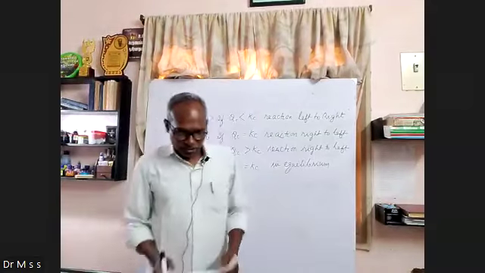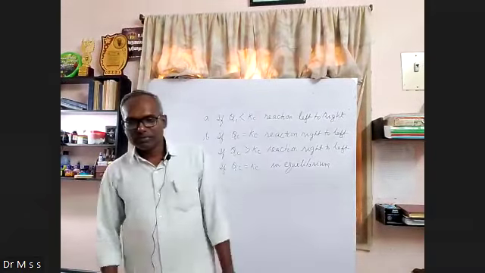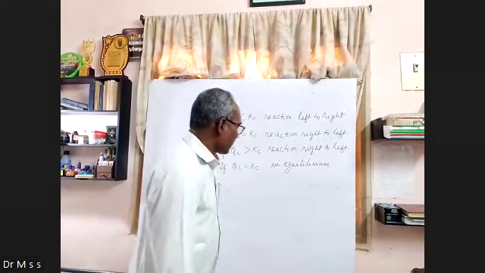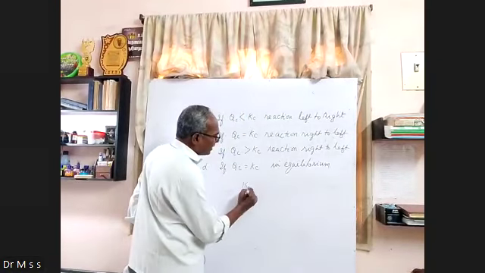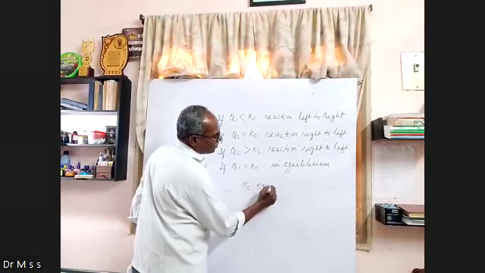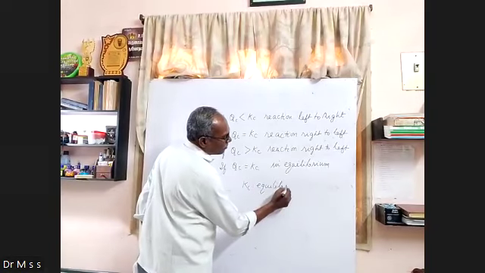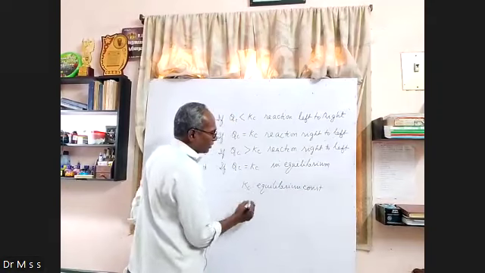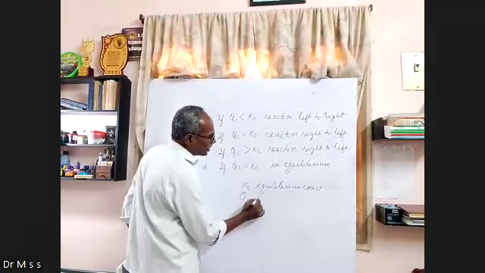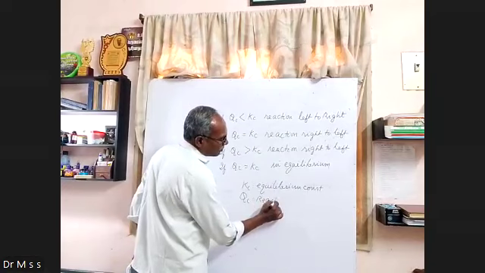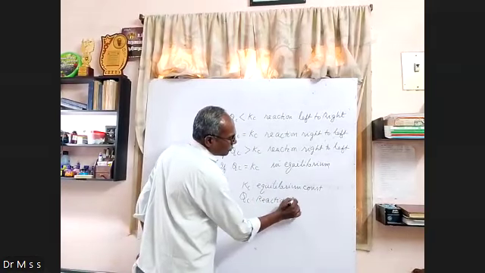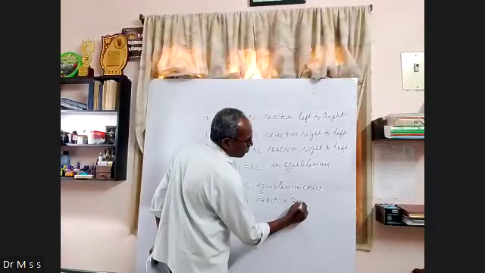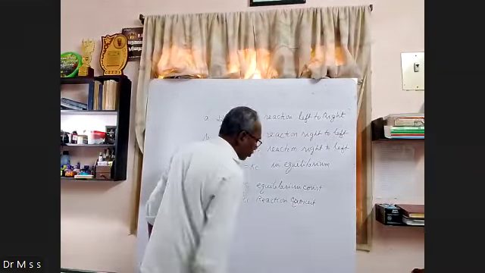Now you have to understand what is QC and what is KC. KC is equilibrium constant, whereas QC is reaction quotient. What is reaction quotient?